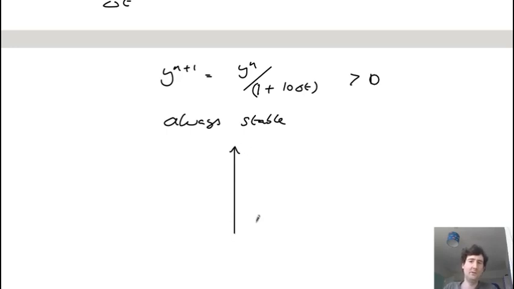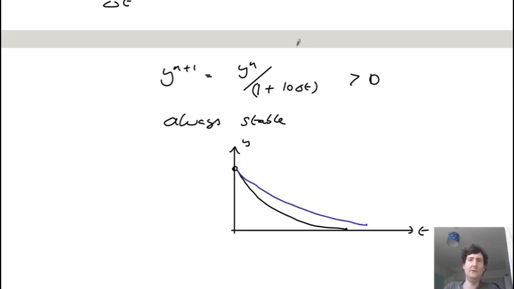Essentially, you end up with, this is time, this is y. This is the exact analytic solution. What you'll end up with is if delta t is quite large, that actually won't decay fast enough, so you'll get decays which are too slow.